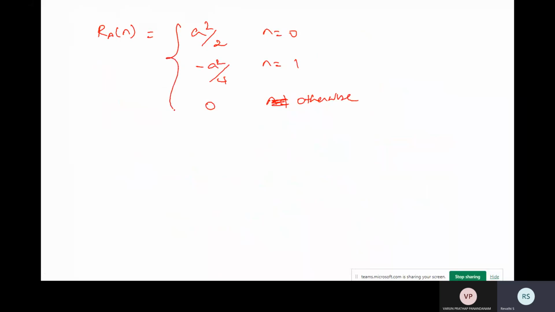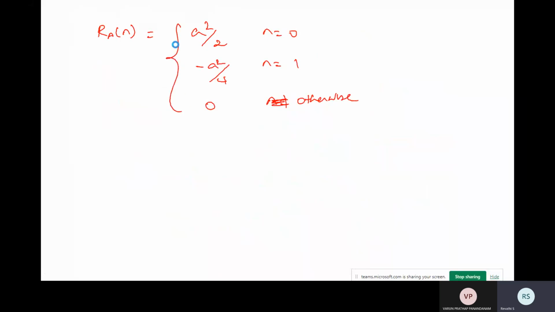Okay, so summarizing, RA of n will take A square by 2 when n is equal to 0, minus A square by 4 when n is equal to 1, and 0 otherwise.